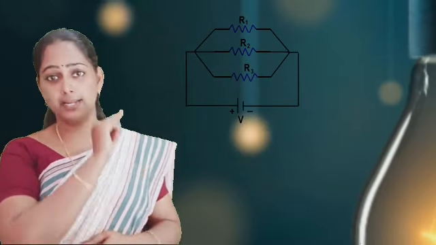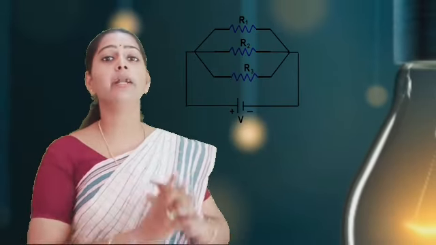I am going to explain the combination of resistors in a circuit. Which combination is this? This is series combination. And which combination is this? Yes, this is parallel combination. We can identify these easily. Series is an end-to-end connection of resistors, and in parallel there are common ends.